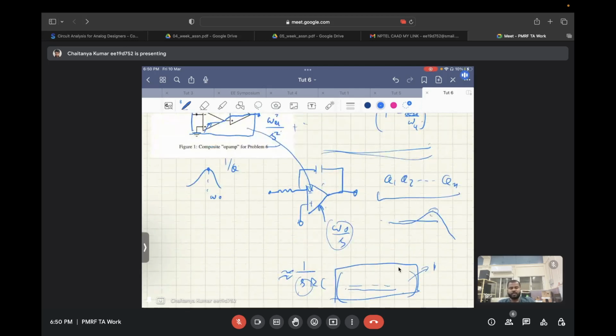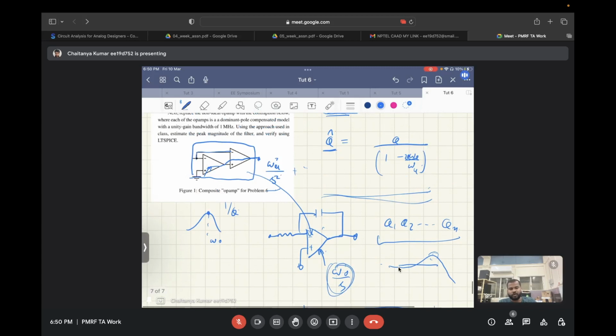This is the complete procedure that you need to follow. If you follow the math, you don't have to apply much of your thinking. All you need to do is replace the transfer function of omega u by s by the transfer function of whatever op amp, whatever this contraption gives you.